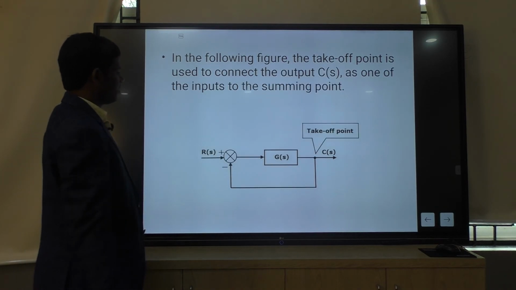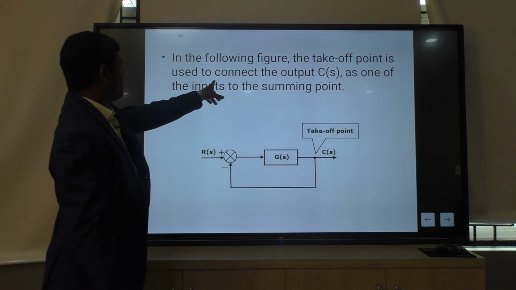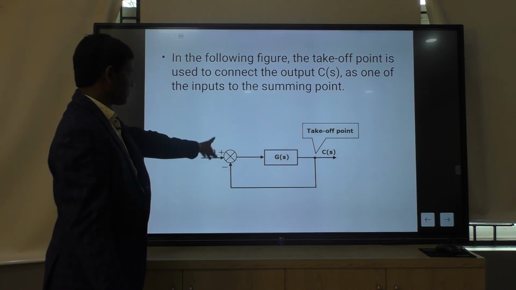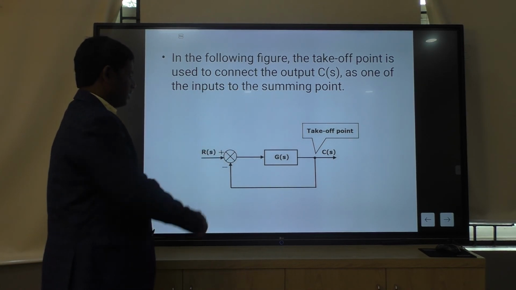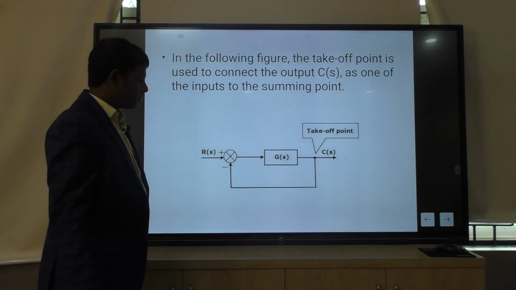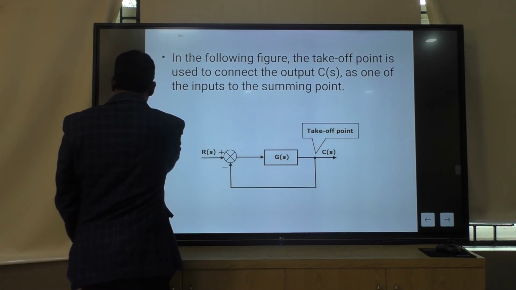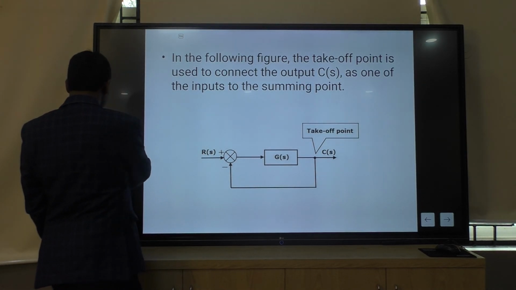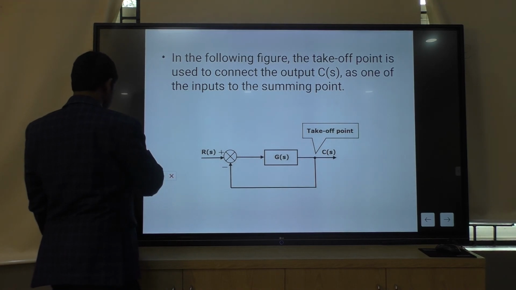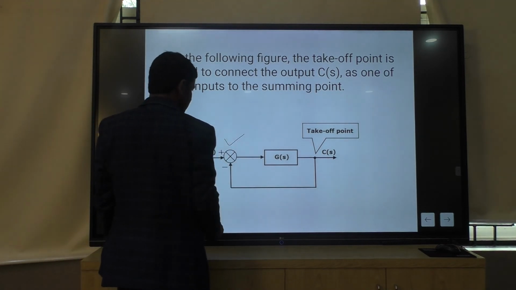Next, an example where the take-off point is used in a connection. In this picture is a control loop system. Here the summing point is used as well. This is a summing point. This is a block.